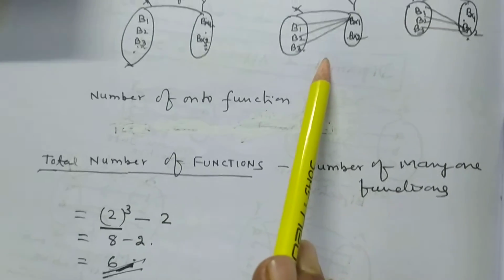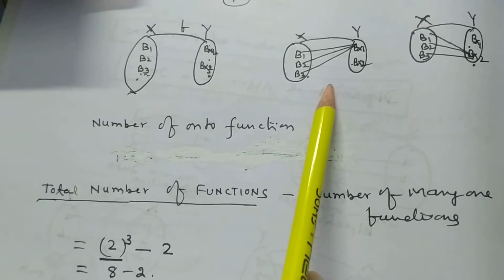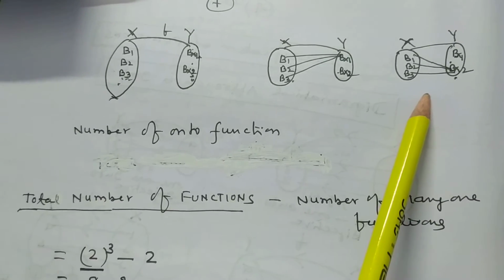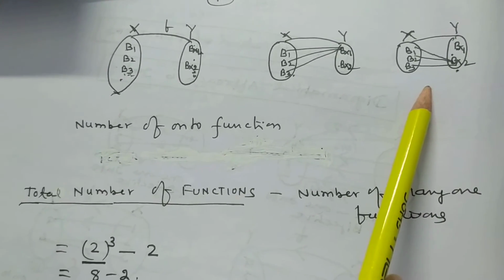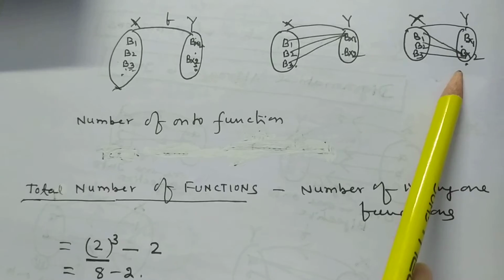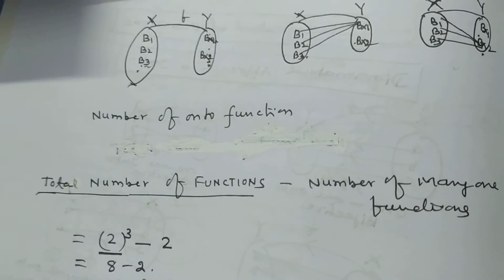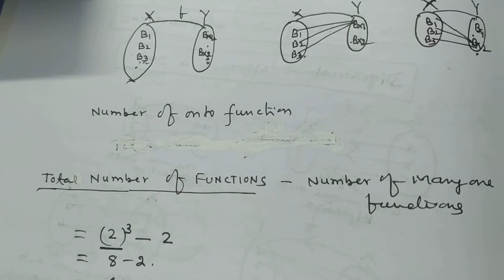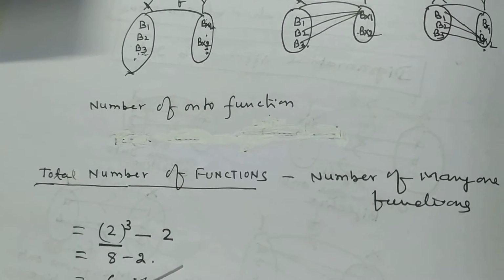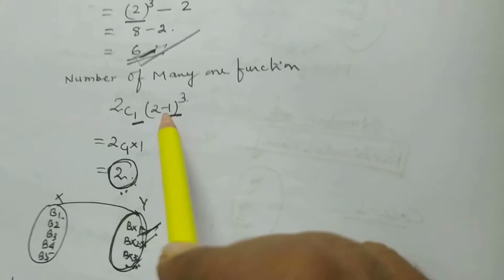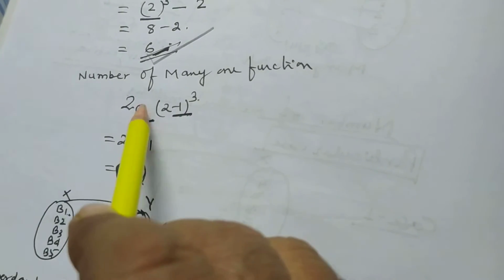This may be the first situation, and this may be the second situation. So there are 2 situations in which the function is many-one. So we subtract 2 from 8, and it will be 6. Now the number of many-one functions can be counted by this formula also.